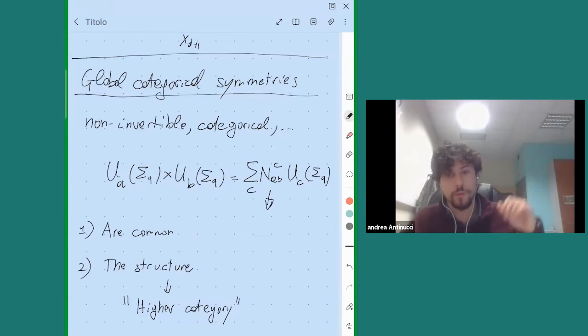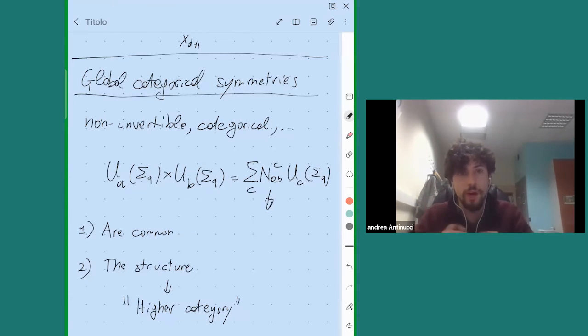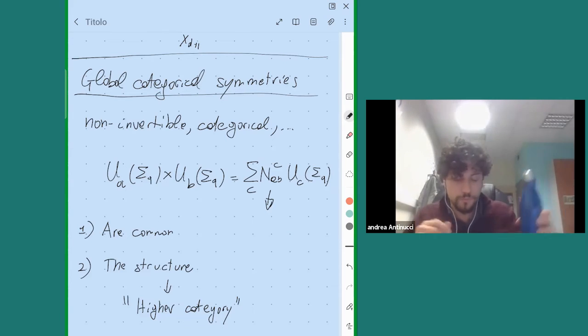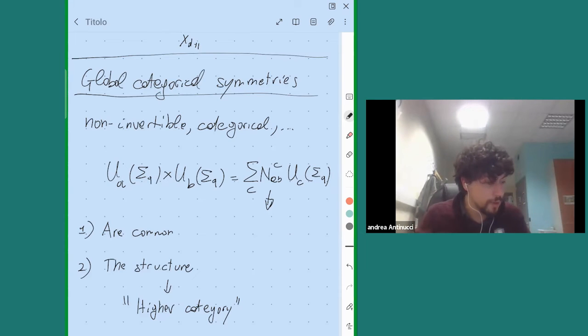We can track the background along all the RG flow, computing the anomaly in the way I told you, like performing a gauge transformation of the background gauge field and so on. While for this complicated categorical symmetry, we don't really have a good notion of what is a background gauge field for these symmetries. So for this reason, it's very hard to perform manipulation with them.